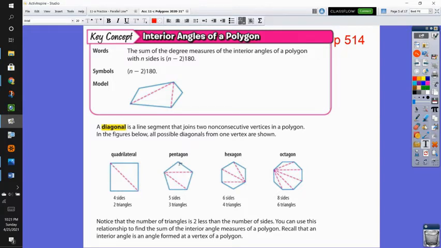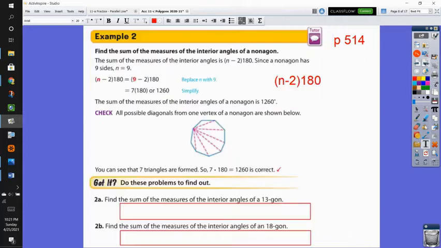A pentagon is split into 3 triangles. A hexagon can be split into 4 triangles because of the way the diagonals can go from one vertex. So the number of triangles of the shape is 2 less than the number of sides, and this is how you can get to the fact that the interior angles of any polygon add up to degrees equal to n minus 2 times 180.